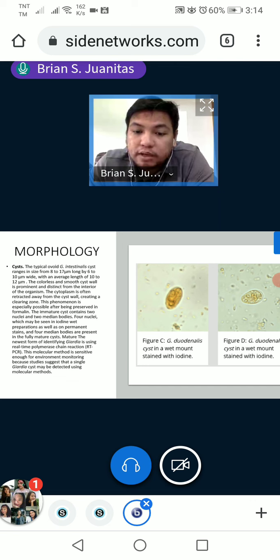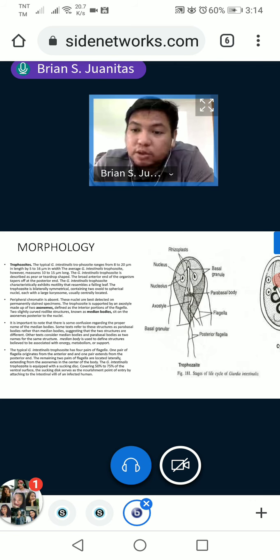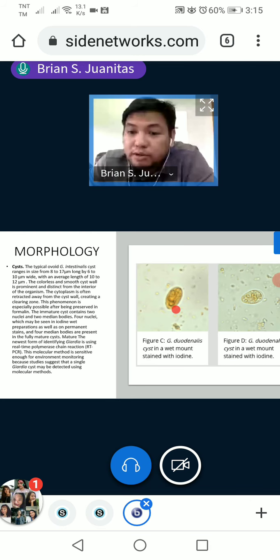For the cyst, class, ito yung appearance ng cyst, no? Meron siyang 4 na nuclei. Pero on the microscopic level, class, ito siya. Almost the same ng appearance with the amoebic cyst. Diba? Almost the same. Pero with the permanent stain, class, ma-identify talaga siya because of the 4 nuclei.